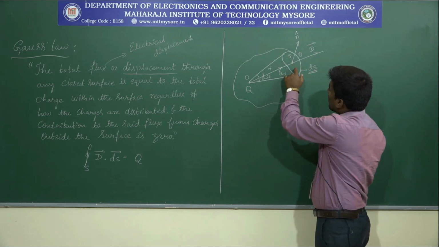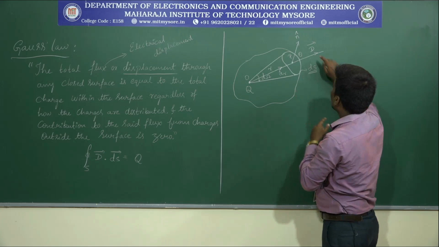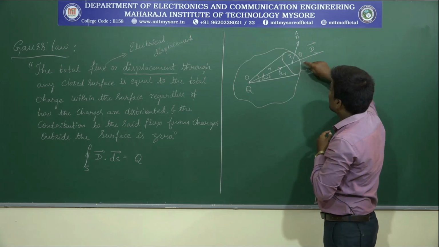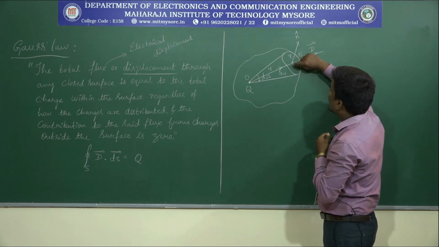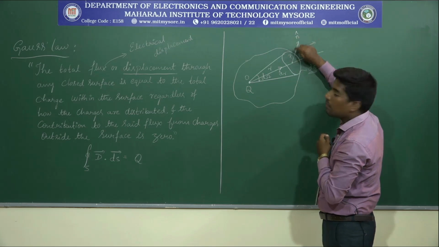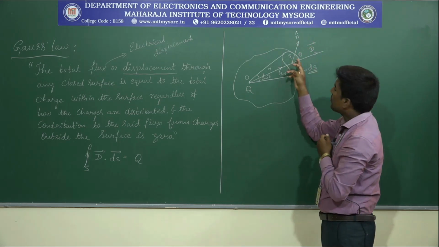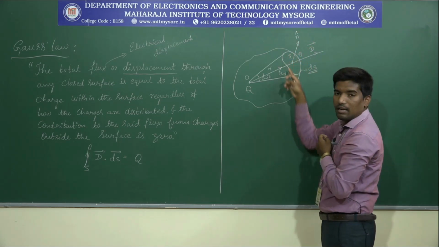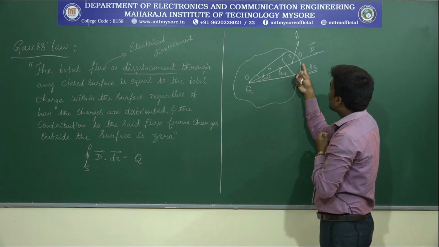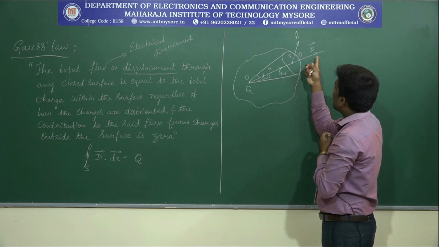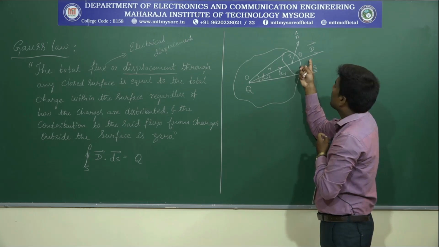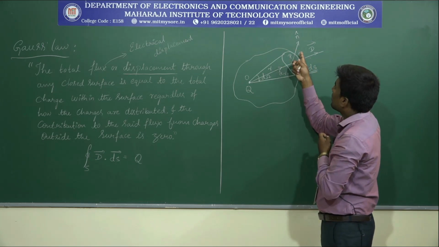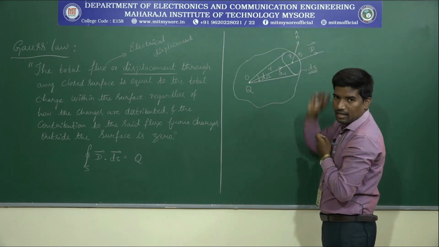Since this area is not normal to the flux lines, we need to consider an elementary vector n cap which is normal to this elementary area, and forms an angle theta between D, the electric flux density, and n cap.